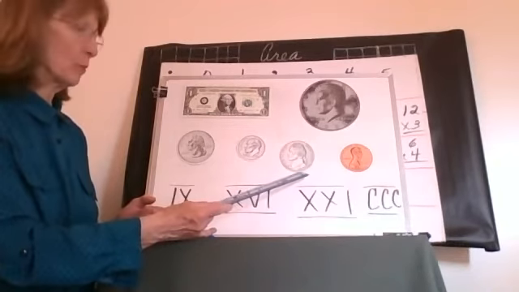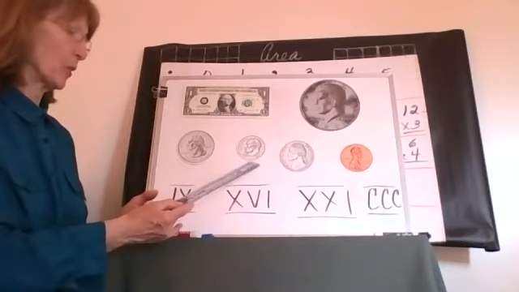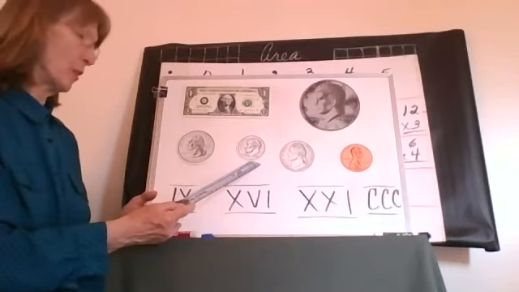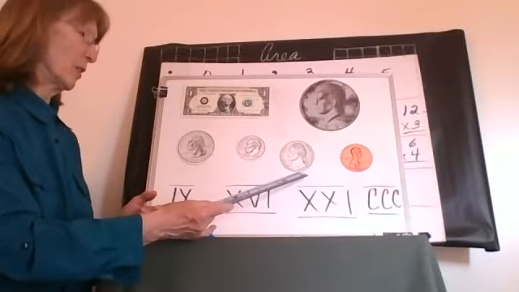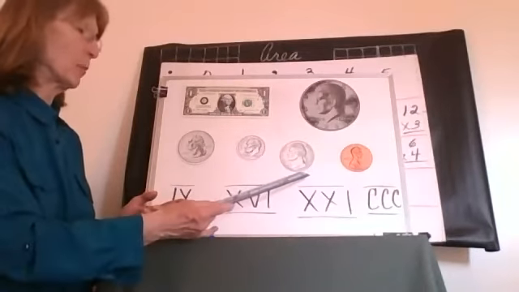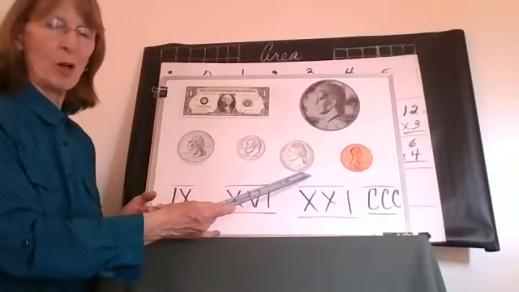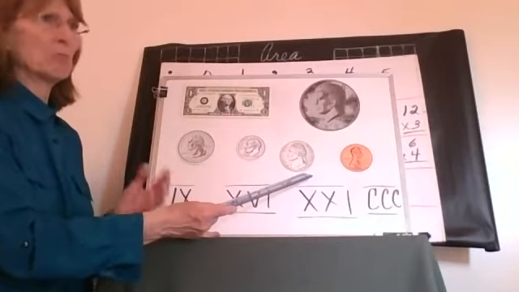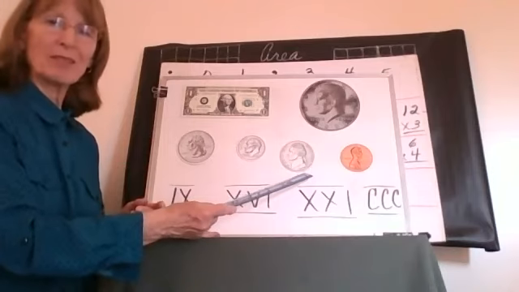It's valuable, but not as valuable as silver. So that's why the dime has more value than the nickel. You can't always go by size. Sometimes a little diamond is a lot more valuable than a big granite rock.